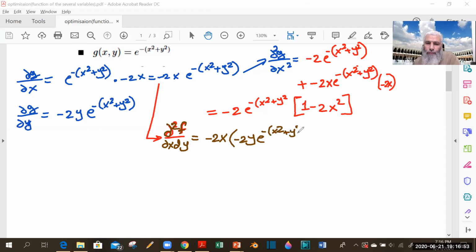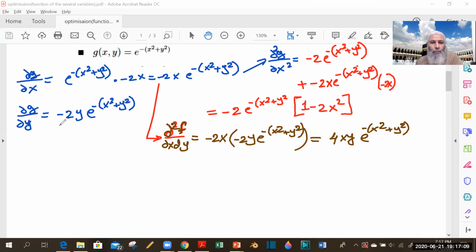A negative multiply negative is positive, so 4xy e power negative x squared plus y squared, right?